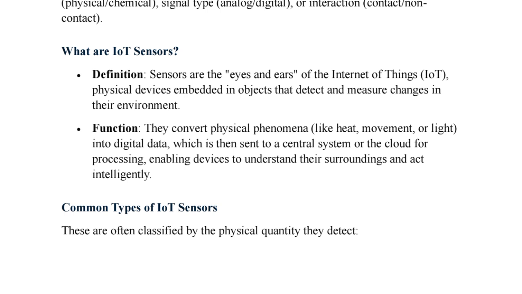Every sensor will be sensing some information from any physical object, so that it can be remotely monitored and controlled by the devices. The function of these IoT sensors is to convert physical phenomena into digital data, which is sent to a central system. It may be the cloud, or you can enable any internet connectivity system.